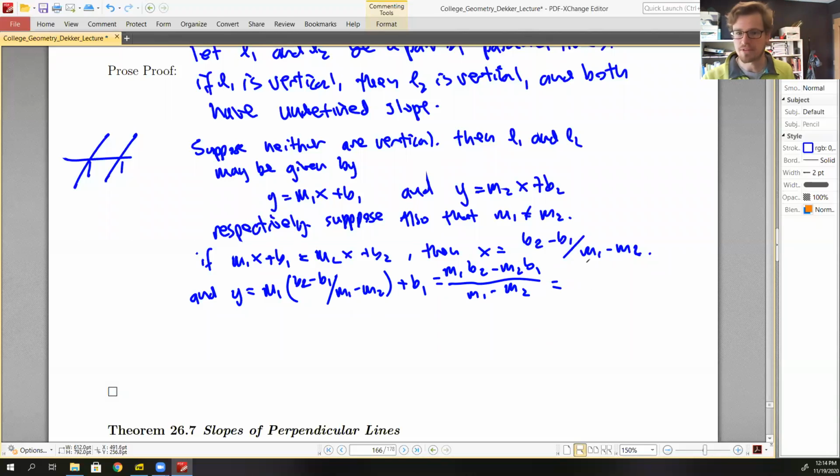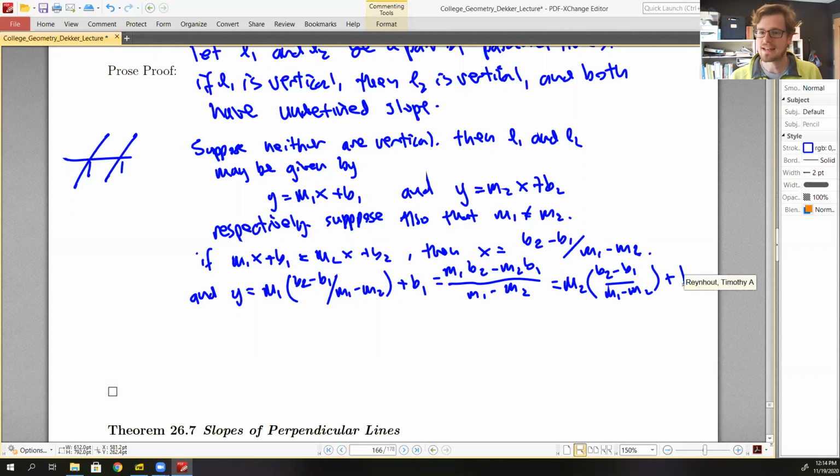But that is the same thing as if I had plugged it into this equation, you would find, m2 times b2 minus b1 divided by m1 minus m2 plus b2.